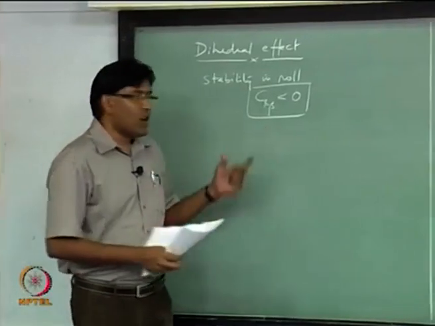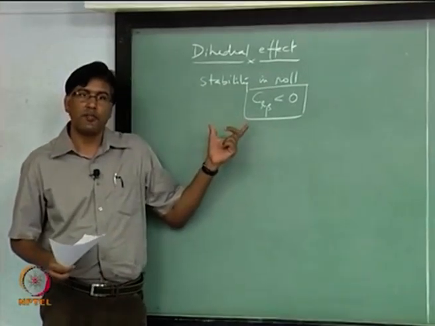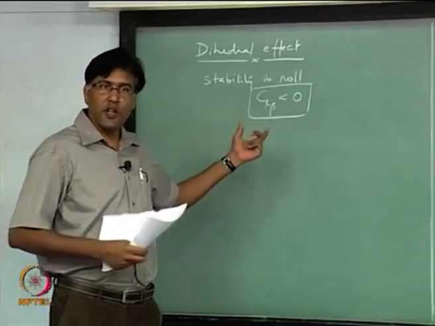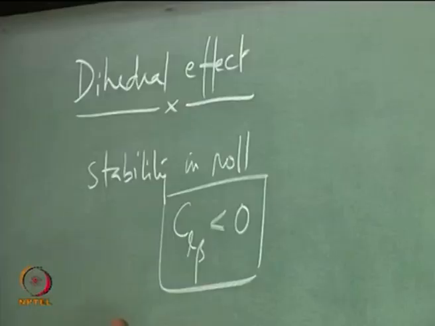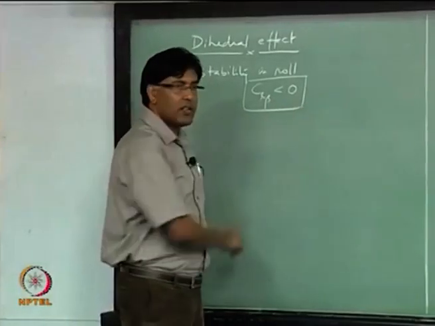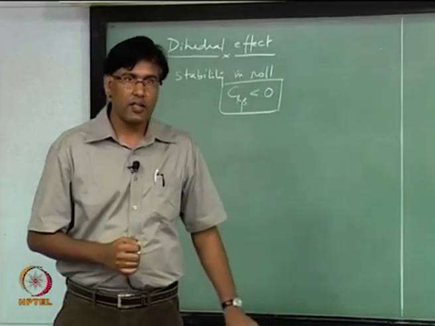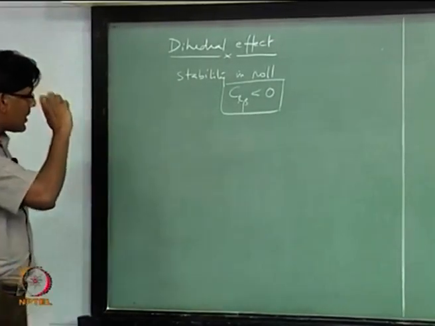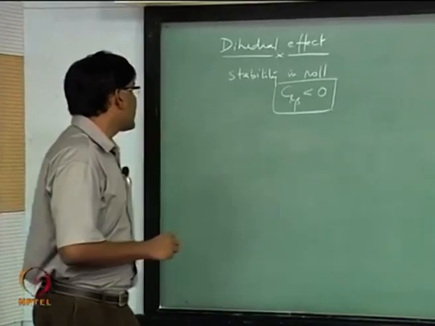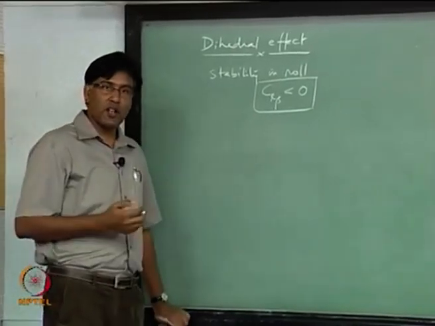And we are discussing what all components on aircraft can contribute to this CL beta. So, we will discuss mainly the wing contribution in this class and see if there are other effects which are also prominent and worth discussing.